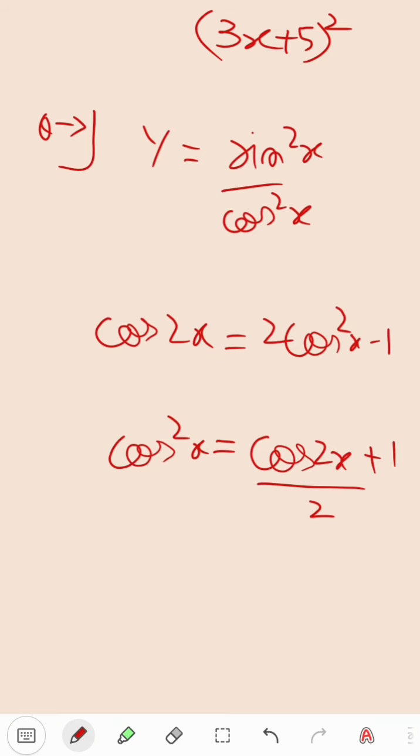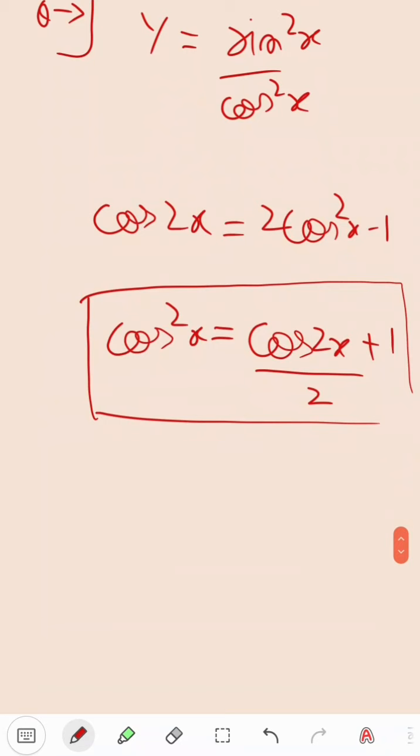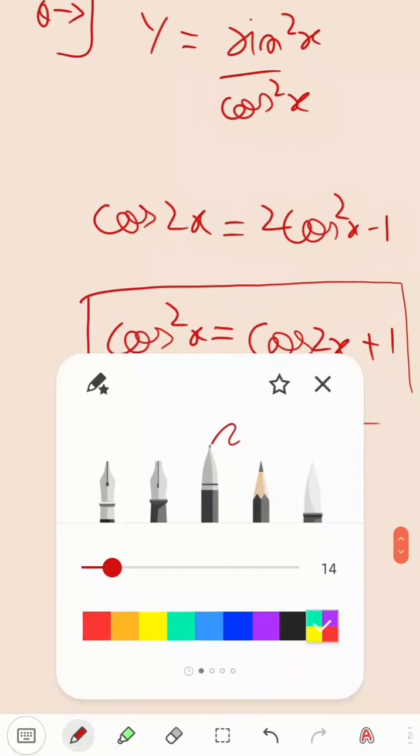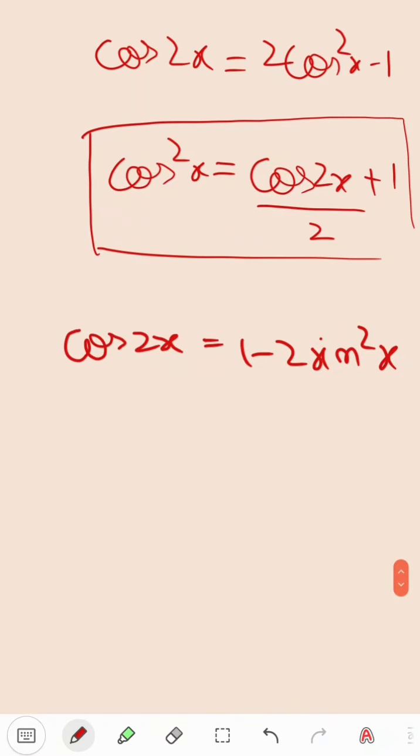Can't we write this? Yes, we can write it. Okay, no issue on this. And also I have taught that we can write cos 2x as 1 minus 2 sine square x. Remember, I have taught this also. From this, sine square x would be written as (1 minus cos 2x) by 2.